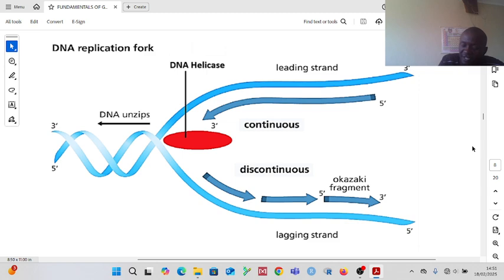If I make a complementary strand to this, I'll write it as T, A, G, C, T, G, A, T, A, C. Then 5', 3'. I hope now you have a double strand of A, T, C, G, A, C, T, A, T, G. The complementary strand will be T, A, G, C, T, G, A, T, A, C. That should be the complementary strand.